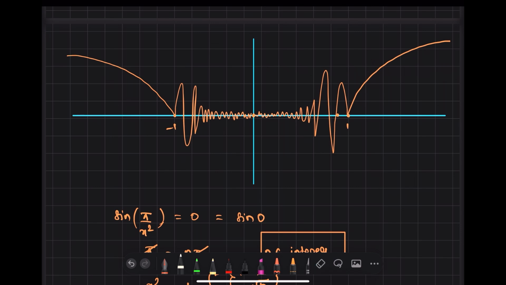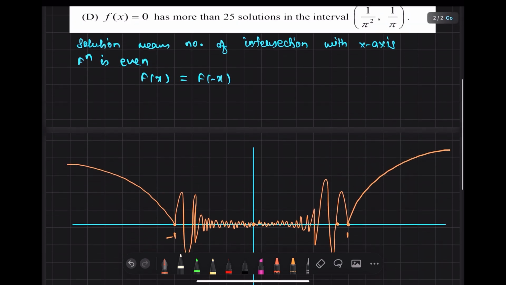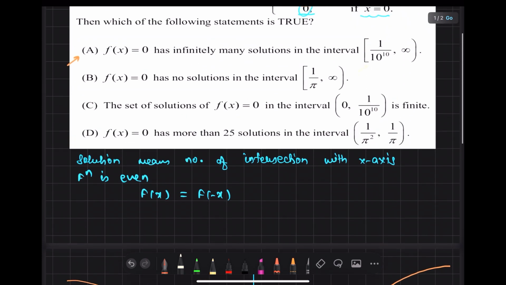If something starts and doesn't end, then it is infinite. But here it is finite, so option number 1 is wrong. I hope this part is clear to you guys.